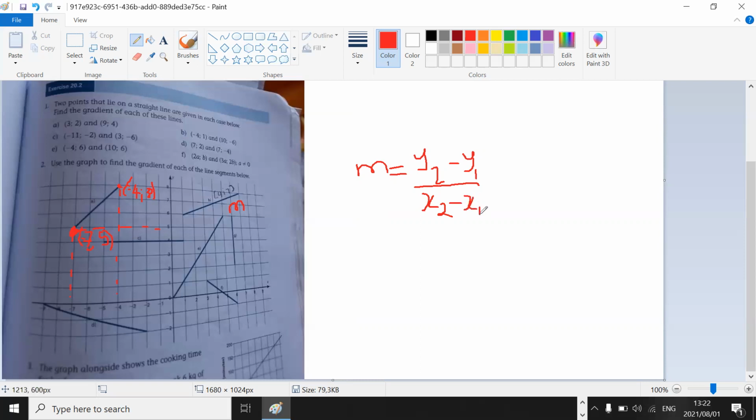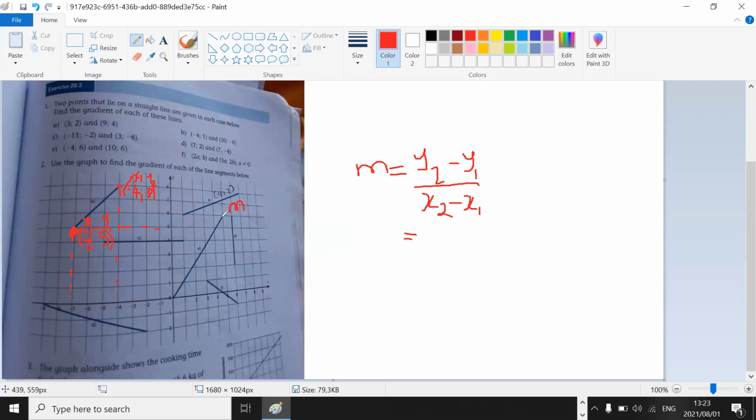After that, we have to name these points. One must have x1 and y1, and the other must have x2 and y2. If I say this one is x1, then it's a must that the y value of this one is y1. Then if I say this is x2, then this y must be y2.